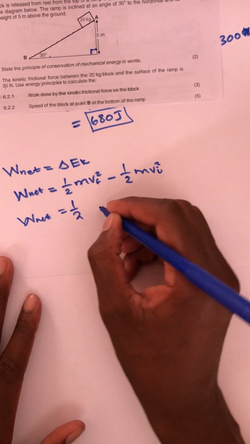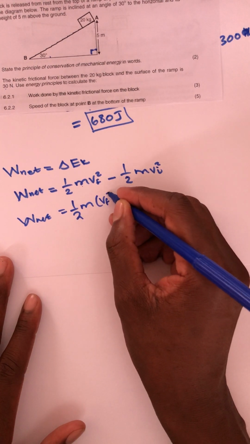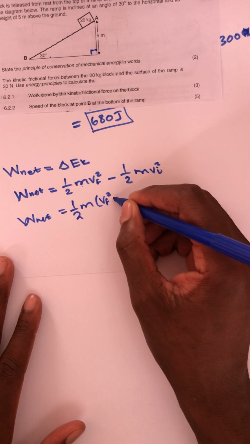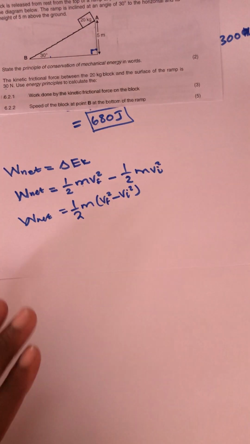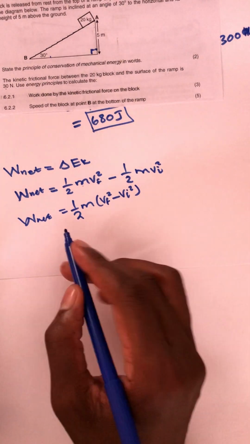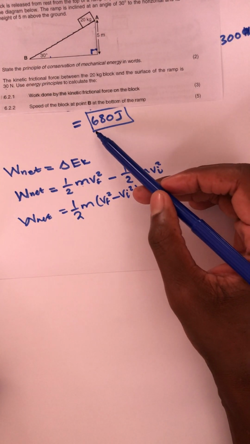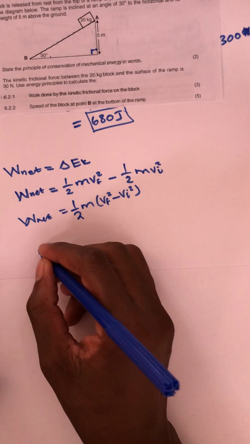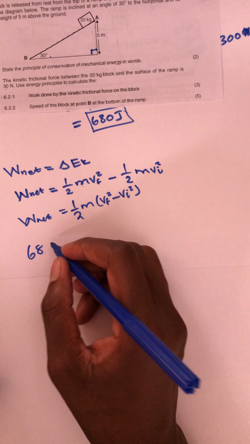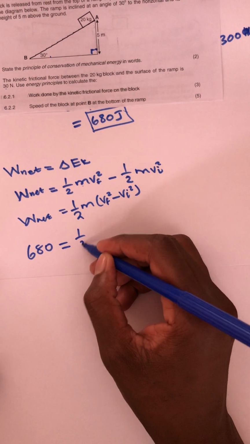So we can just say 1/2 mass, then vf squared minus v initial squared, just like that. So now, what is the work net? The work net we calculated as 680 joules.